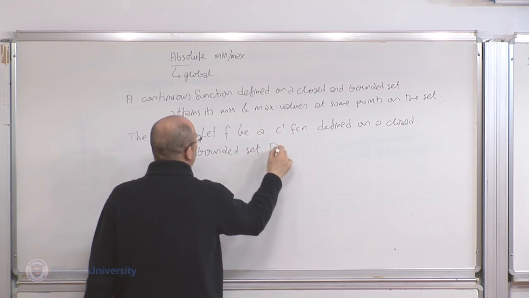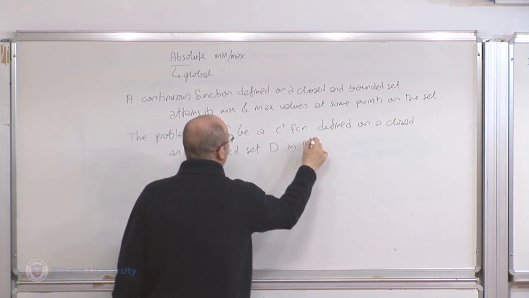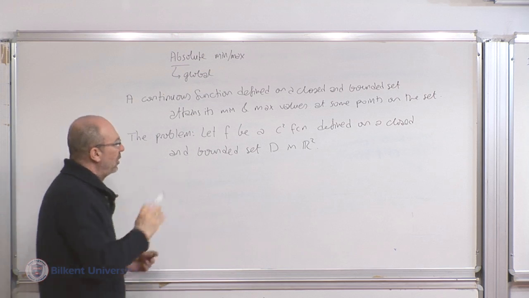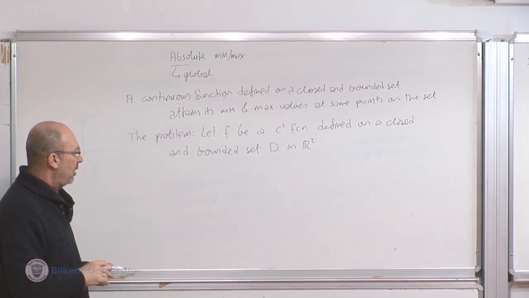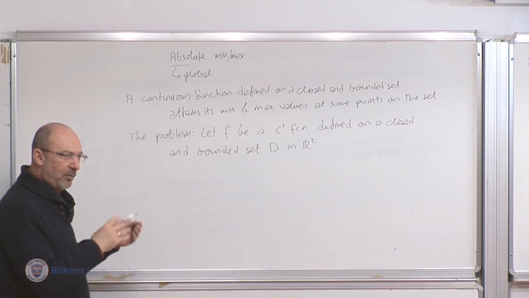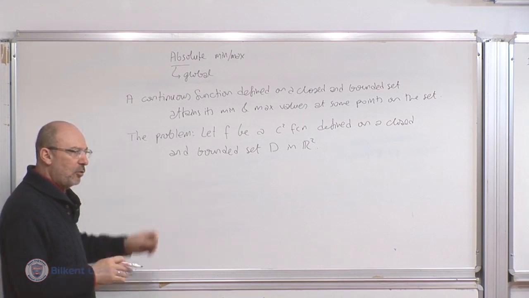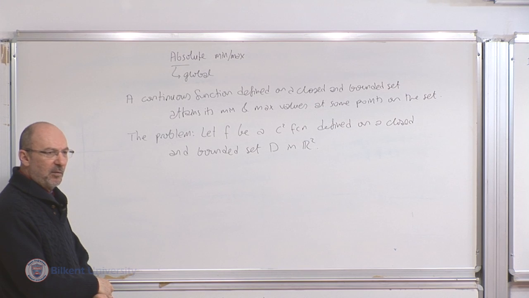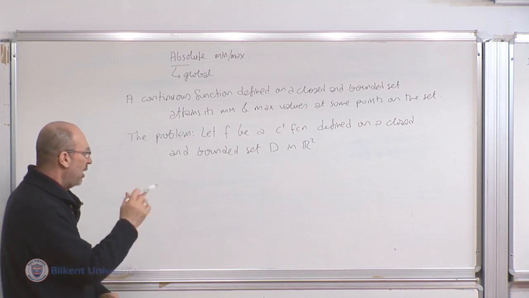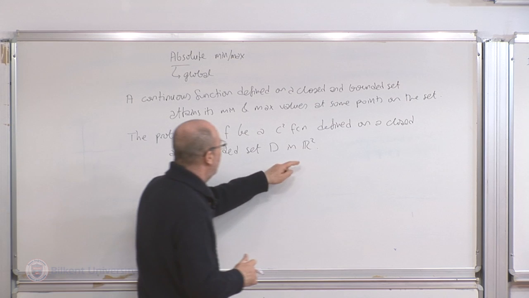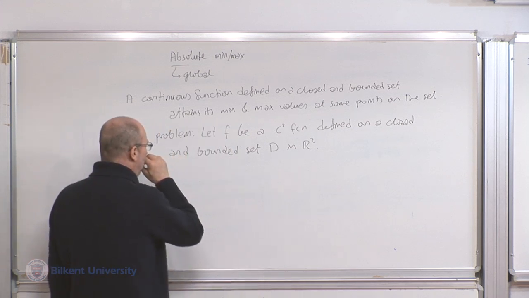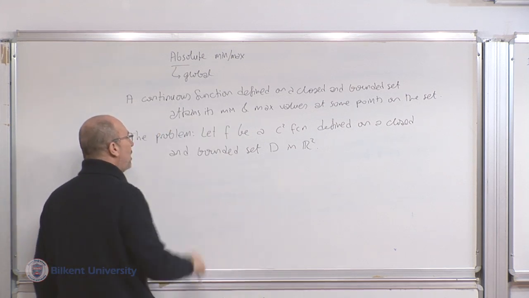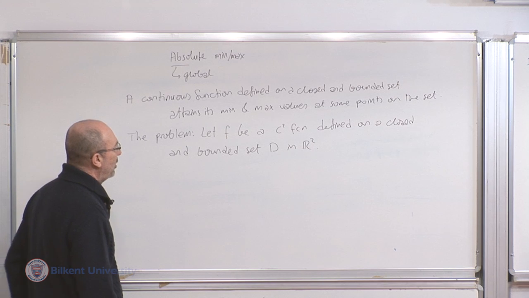D in R2. If the function can be cooked up nicely, we can also do this in R3, but you will see after we do this that the calculations will be very lengthy, though the idea will be the same. It is now guaranteed that a minimum and maximum exist.